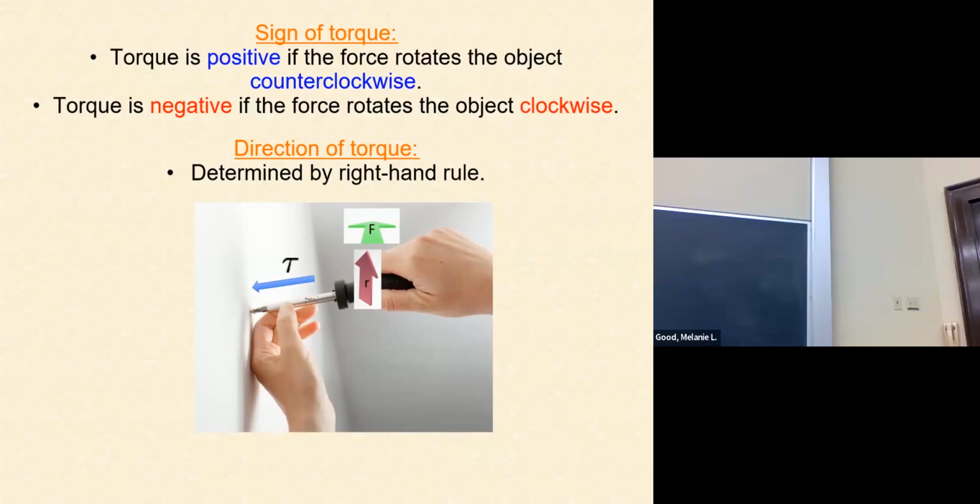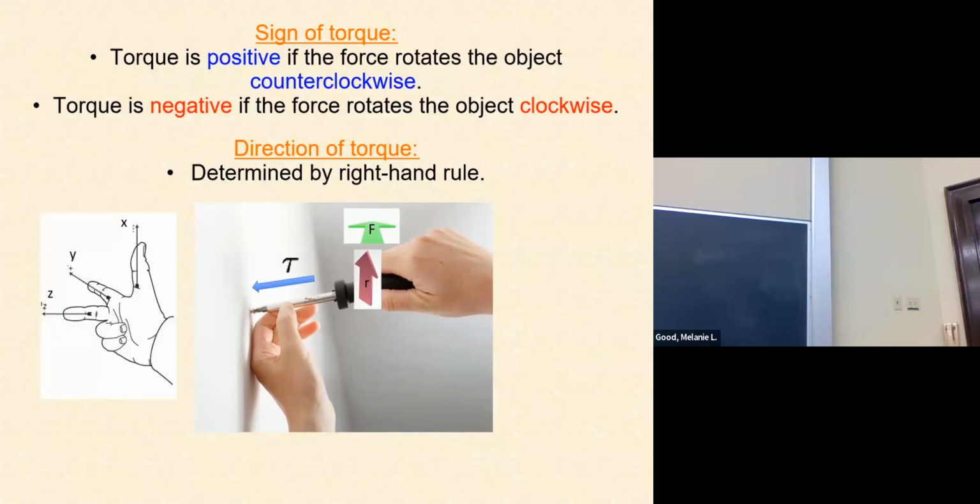Now, you might not actually flip your hand like this, but for our purposes, that's kind of what you want to do because you want your thumb to somehow point in the direction of the torque. So if you go counterclockwise, lefty-loosey, then your torque would be out of the wall, right?